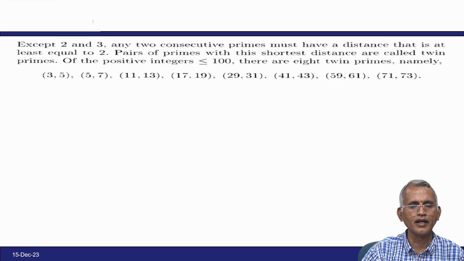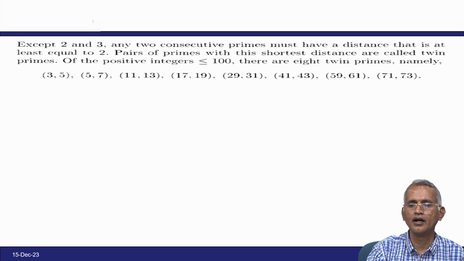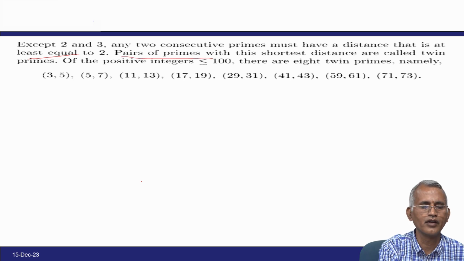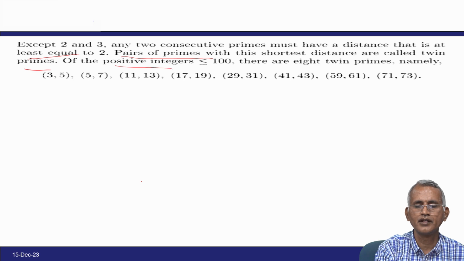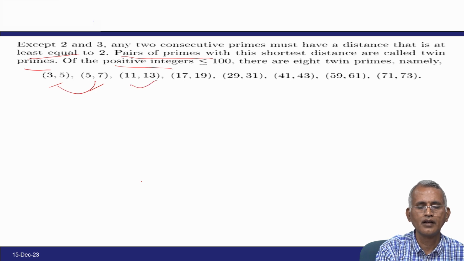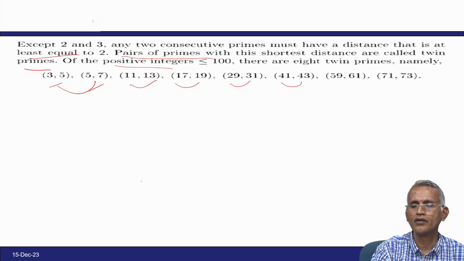So, except for 2 and 3, any two consecutive primes must have a distance that is at least equal to 2. Pairs of primes with the shortest distance are called twin primes. Among positive integers less than or equal to n, there are 8 twin primes: 3 and 5, 5 and 7, 11 and 13, 17 and 19, 29 and 31, 41 and 43, 59 and 61, 71 and 73.